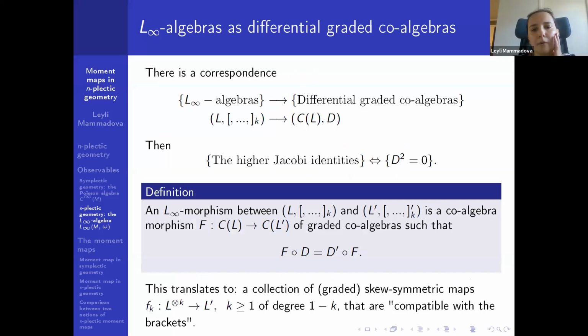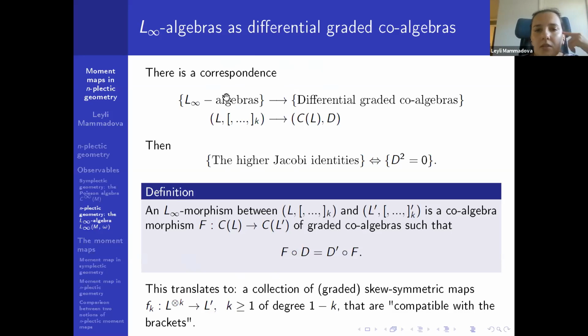Okay, so there is an alternative description of L-infinity algebras. Let me see, how am I doing on time? Okay. This description is useful because it's more conceptual and it allows us to formulate a conceptual definition of an L-infinity morphism, a morphism between two such objects, two L-infinity algebras.